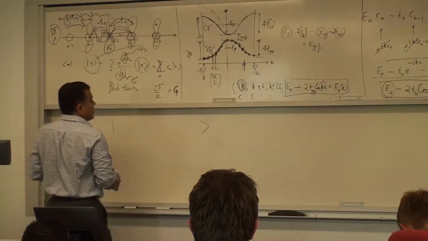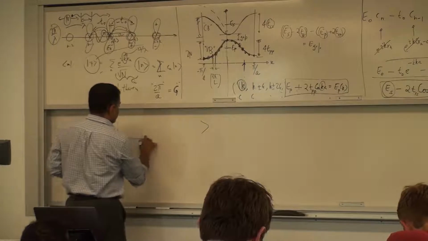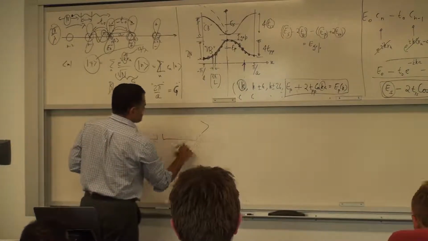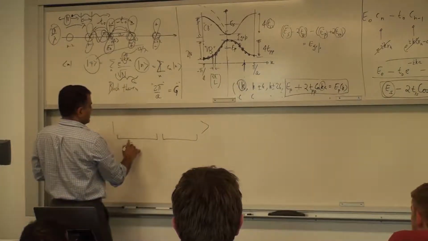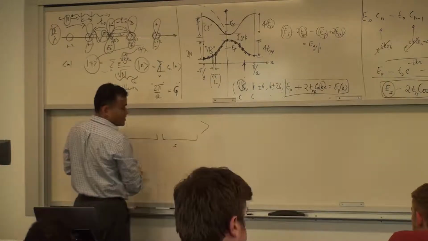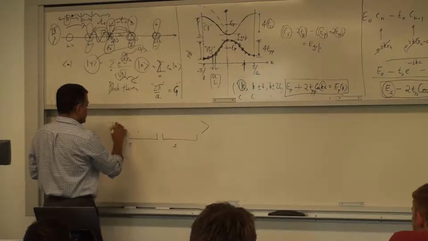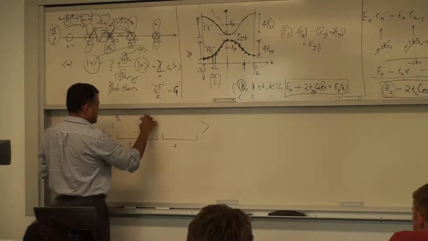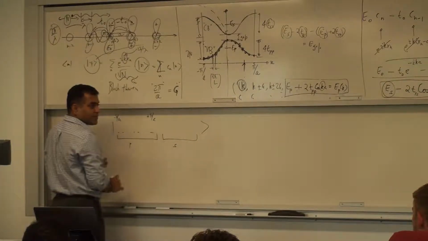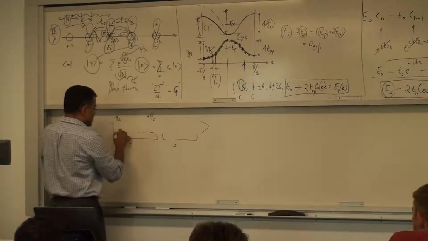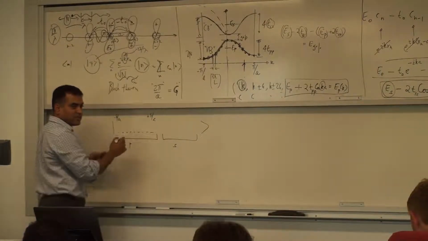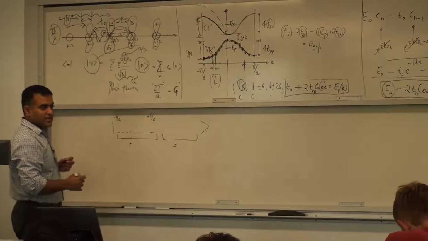And I can write, maybe I say, well, I'll make space for here. These are all for my P band, and these are all for the S band here, right? And in that, I have all these sites going from minus pi by A to plus pi by A, right? These are all the sites, and actually each site can hold two, plus spin and minus spin, right? Does that make sense? Right?